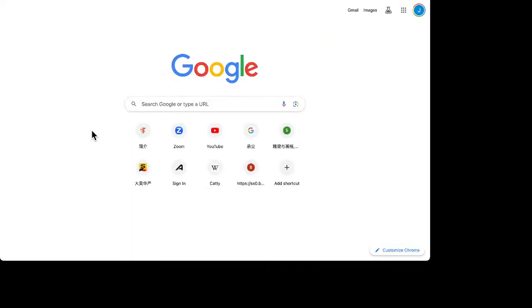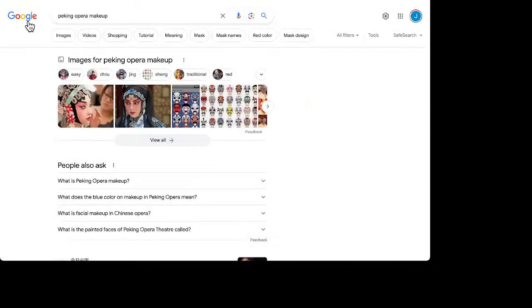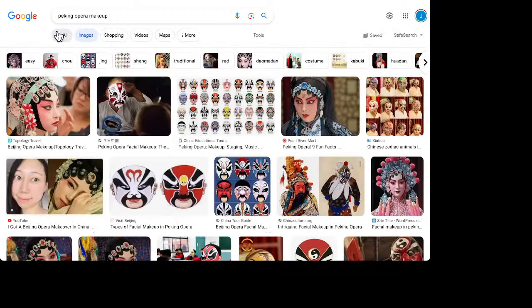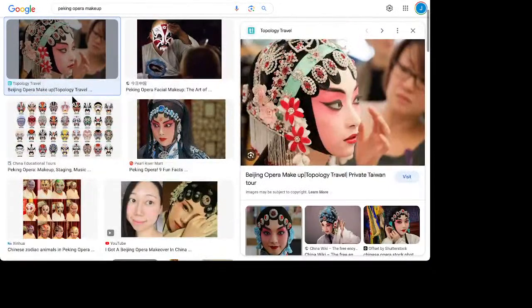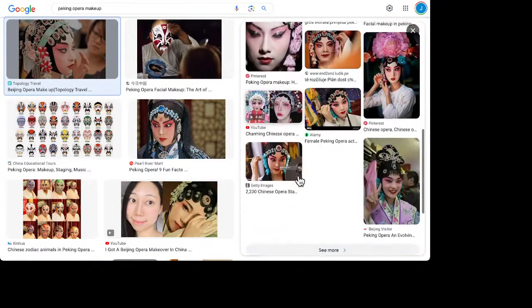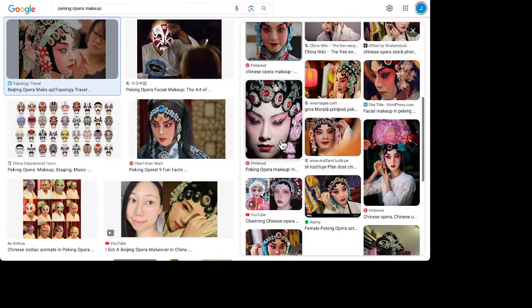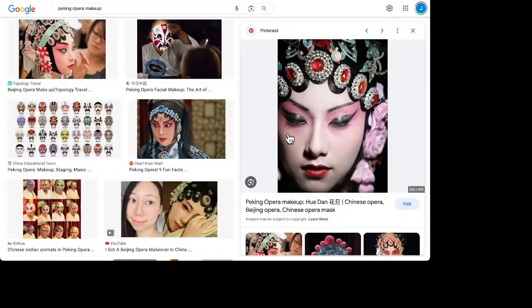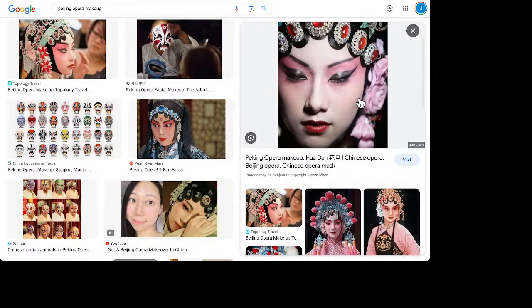If you look at the opera makeup, especially for the female lead type characters, it's pretty much an exaggeration of those features, right? You make the eyebrows extra slanted and extra arched.